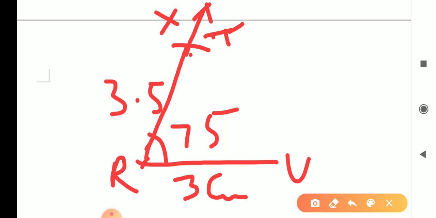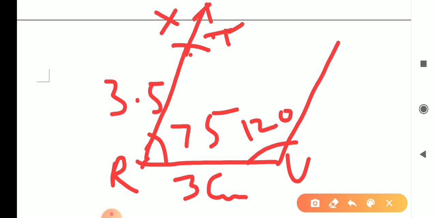Now taking U as center, draw an angle of 120 degree. And this is a ray, you can say UY. Now the line segment UE is 4 centimeter; you can see in the question, UE is given 4 centimeter.